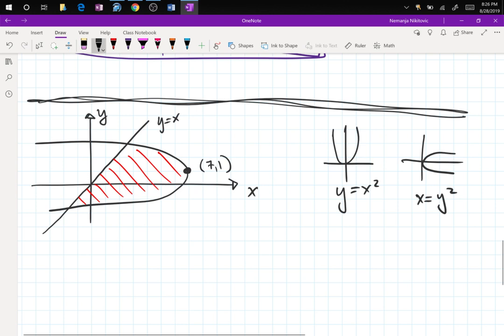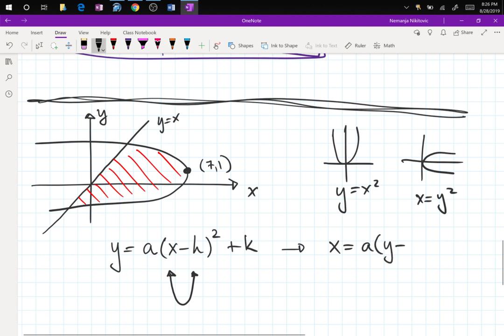Now, if you recall the function y equals a(x minus h) squared plus k, which was the one that looks like this, then the one that is sideways better be x equals a(y minus k) squared plus h, right?